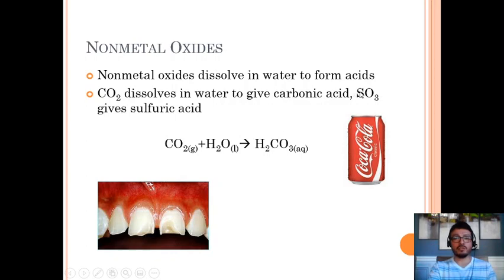An example of a nonmetal, sulfur, its oxide version creating an acid as well, in this case sulfuric acid. So carbon, a nonmetal, its oxide version gives you an acid. In a nutshell, before we move on, nonmetal oxides, when dissolved in water, form acids.